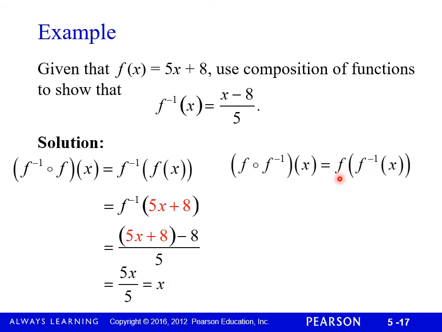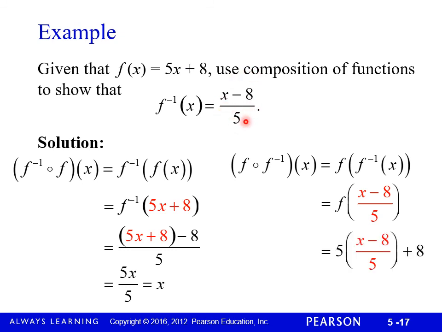So now we have the function f with the inverse function, inverse of f, as its input, which means the formula for the inverse is going to be used instead of x. So where we had x in the function, we're now going to replace it with this fraction, (x minus 8) over 5.